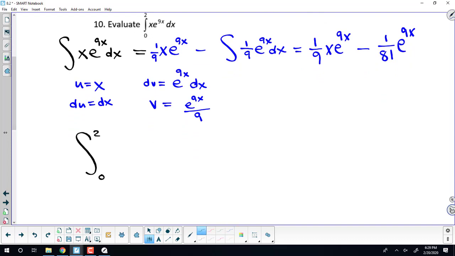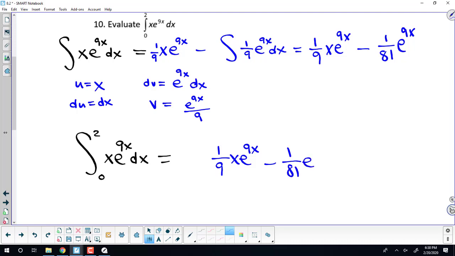I'll just rewrite it. Our antiderivative evaluated from 0 to 2.